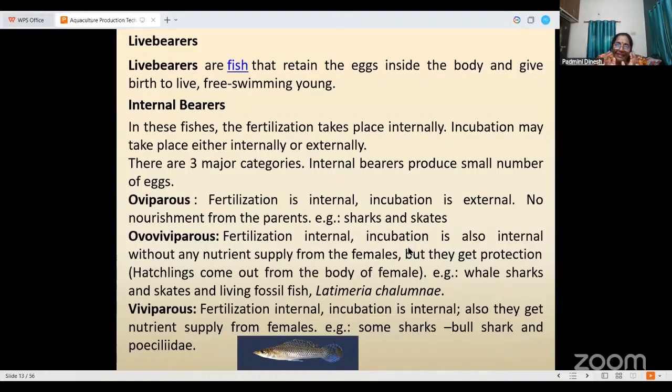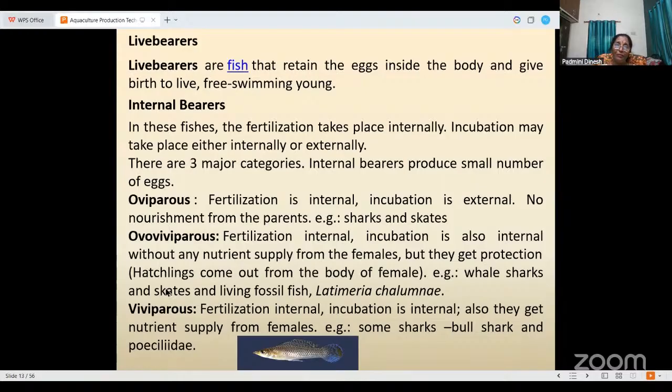The egg has enough yolk for the development of the young ones to occur. So fertilization is internal, incubation also internal, without any nutrient supply from the females. Examples over here are whale sharks, skates, and the living fossil fish, Latimeria. You must have seen this Latimeria in our lab. We have the specimen over there in the lab. I suppose you must have seen this also.